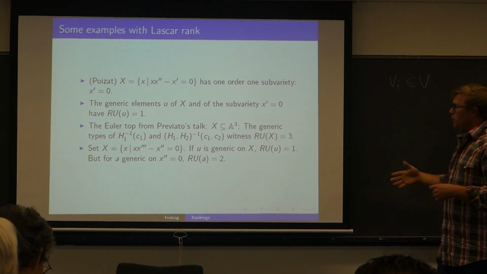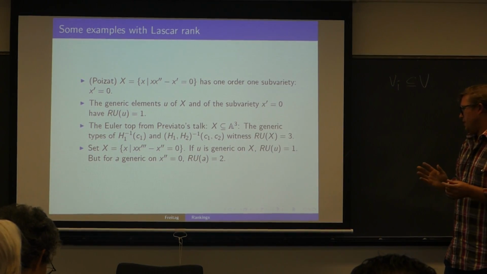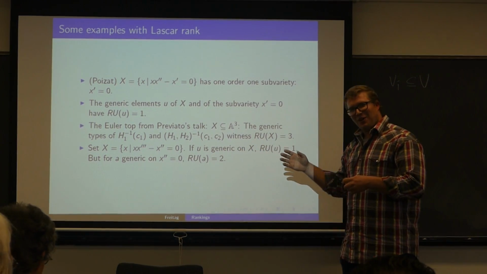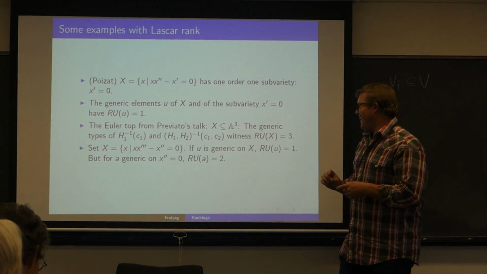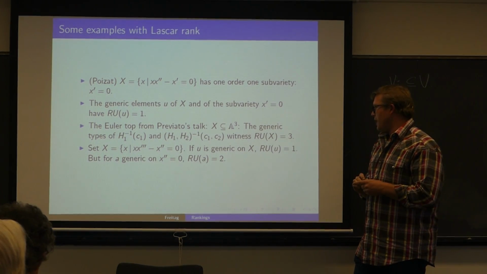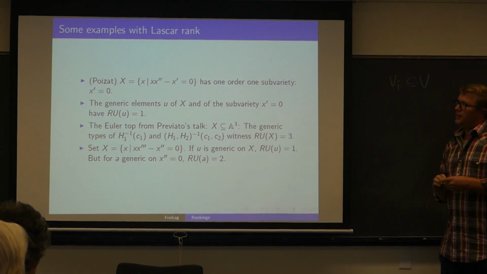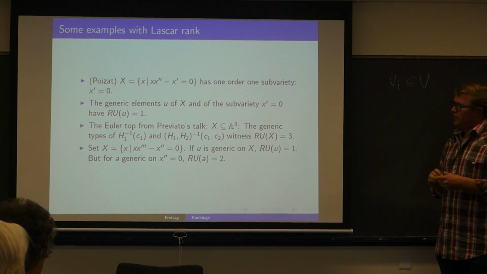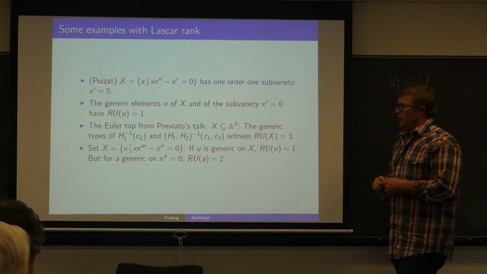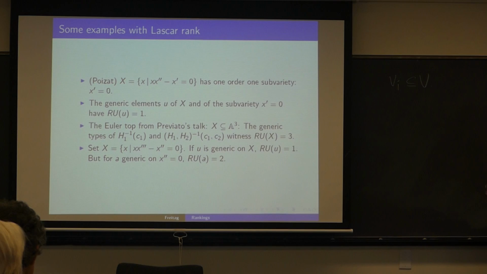So here's an example which shows. Here's the example I alluded to earlier. F 2012. There's a mysterious thing. If you pick a generic point on X, the U rank is 1. There's no way to extend the base field and lower the transcendence degree unless you lower it all the way to 0. But for a generic element in the subvariety X double prime equals 0, the U rank is 2.